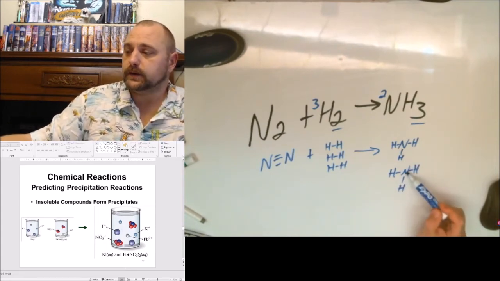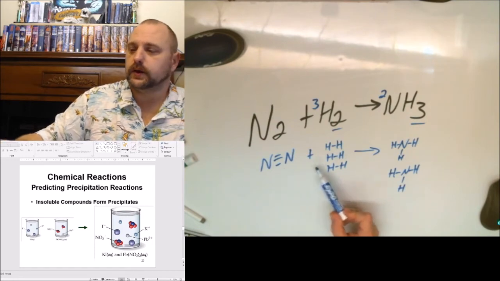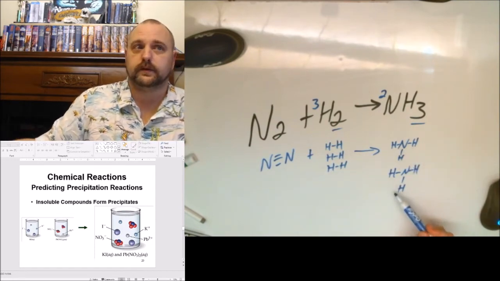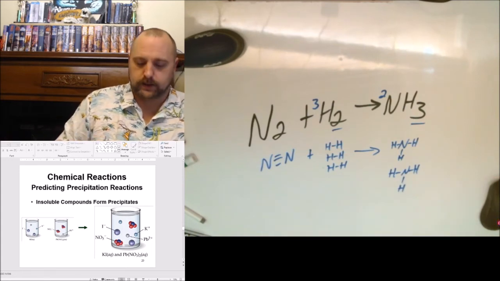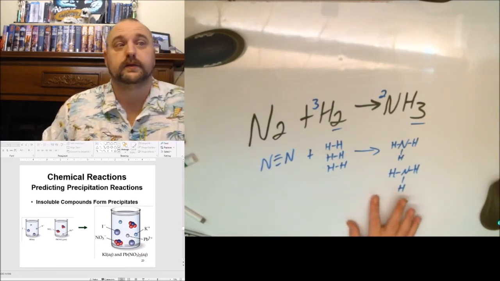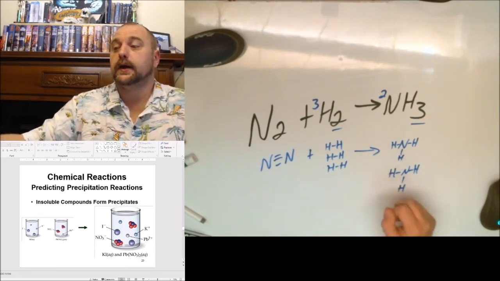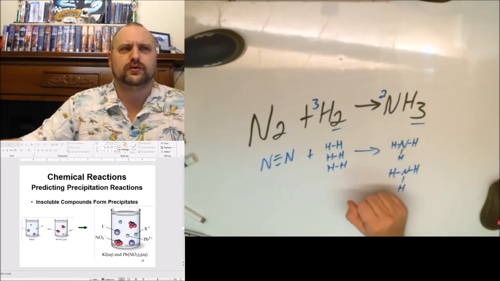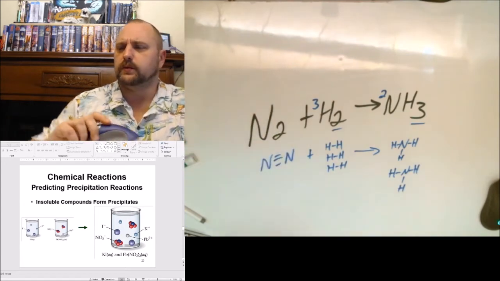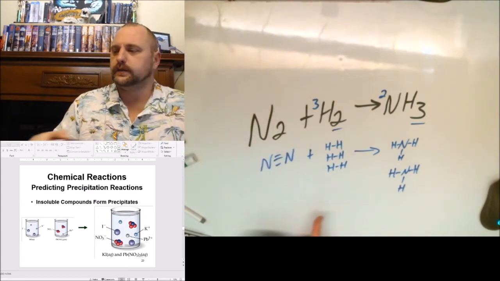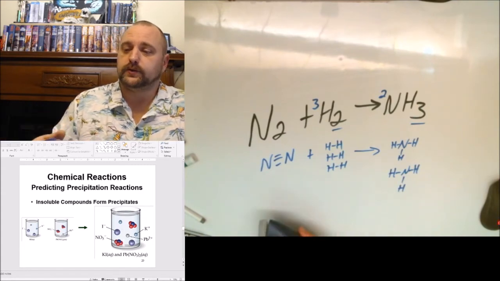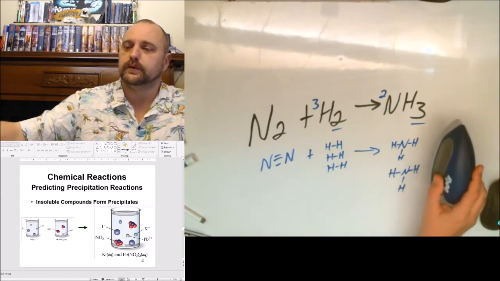Alright, so this side has 2 nitrogens, this side has 2 nitrogens, this side has 6 total hydrogens, this side has 6 total hydrogens. A lot of times, drawing these out back to the Lewis structures from chapter 3 helps us with these. Students kind of lose track of what are the subscripts and what are these coefficients telling us. So that's what this would be if we drew it all out. So nitrogen gas plus hydrogen gas produces ammonia.